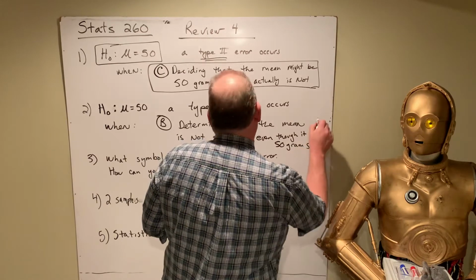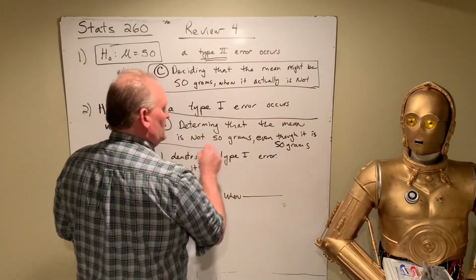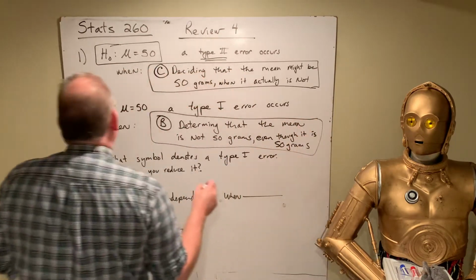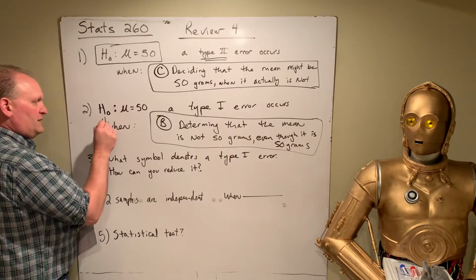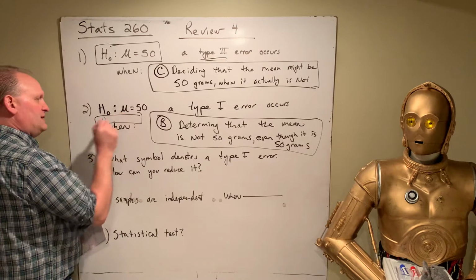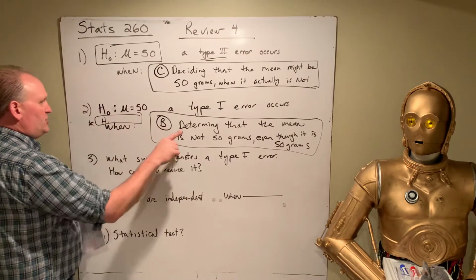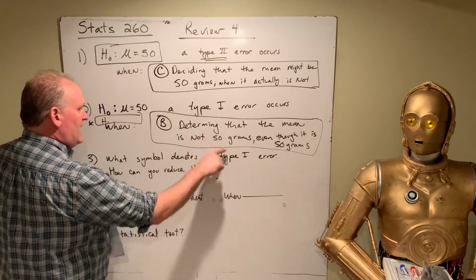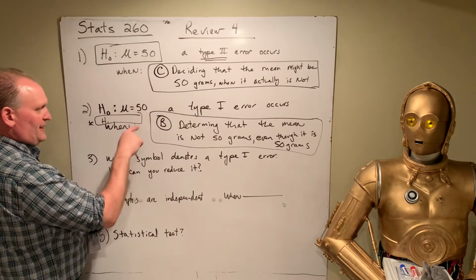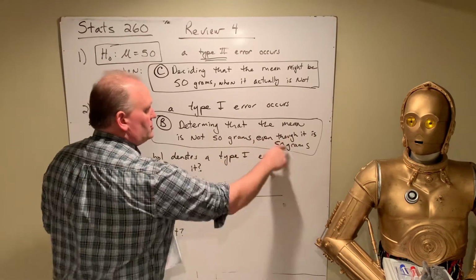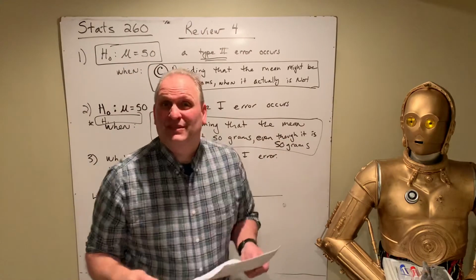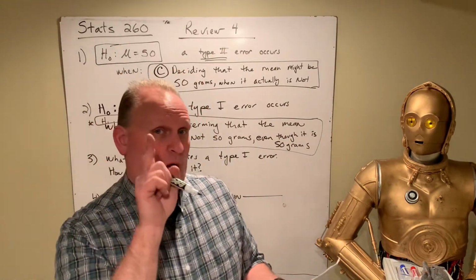And so let's think about what that is in generalized terms. That is rejecting the null and going with the alternative. So we go with the alternative hypothesis, but we should not have. We reject the null hypothesis and conclude the alternative hypothesis, but you shouldn't, because it really was 50 grams. And so that's a type 1 error.